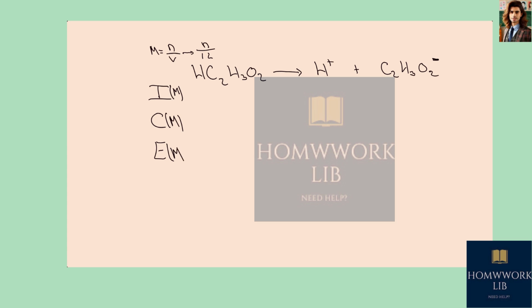So what we're starting with is a 0.430 molar concentration of the acid, and then we have 0.190 molar concentration of the salt associated to this ion. Remember that when we have the salt and we put it in water, we're going to have sodium plus the associated anion.